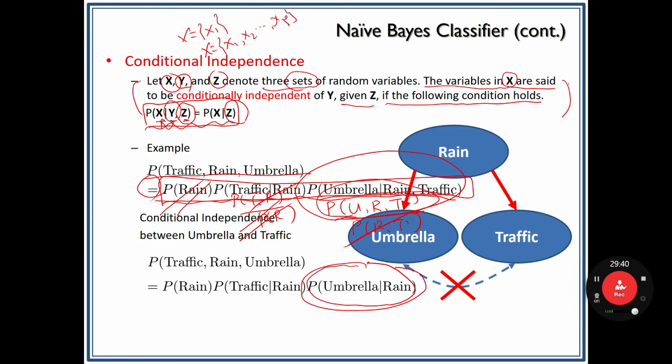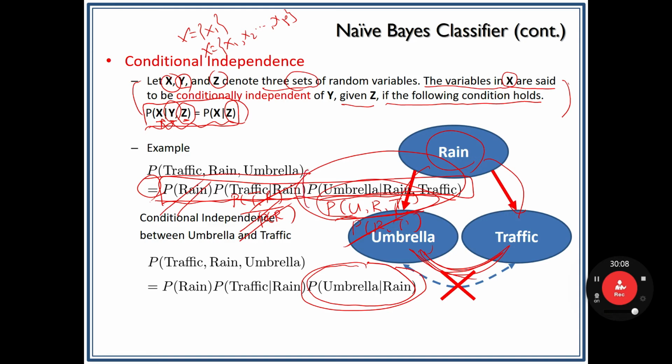It's raining out there, and if it rains, usually we have a traffic jam on the road. So rain can be a cause of the traffic, and because outside is raining, we should take an umbrella, right? But between these two events, taking an umbrella and having a traffic jam, they are independent. They do not affect each other at all.